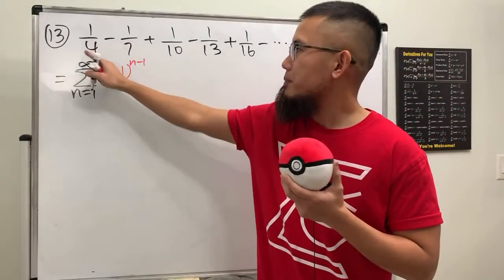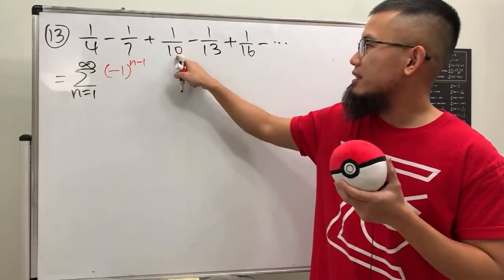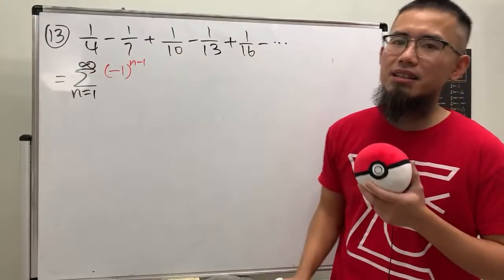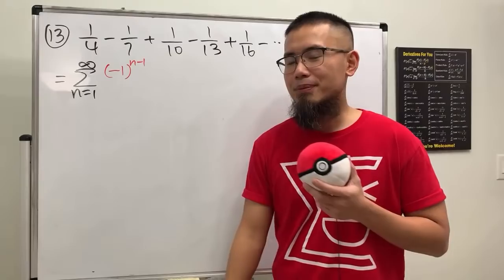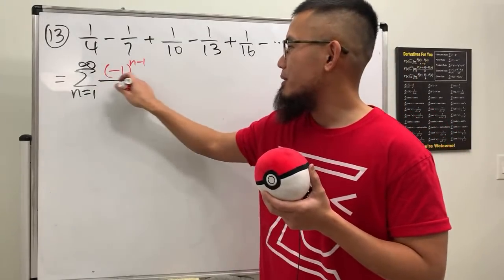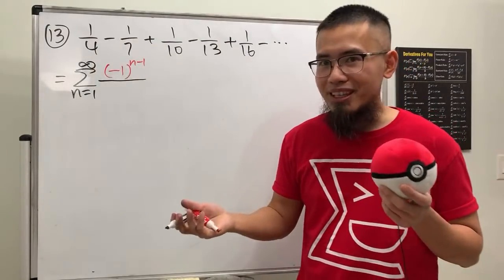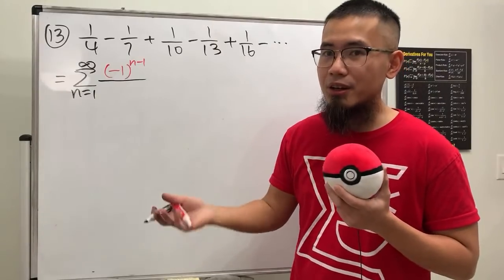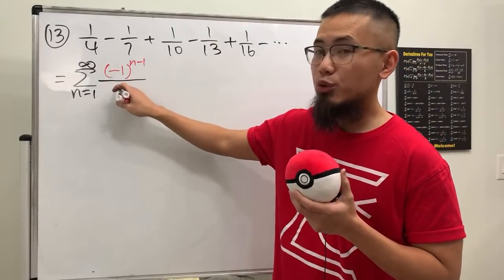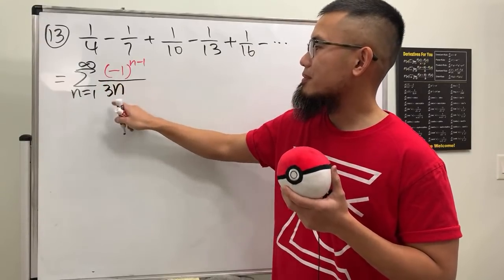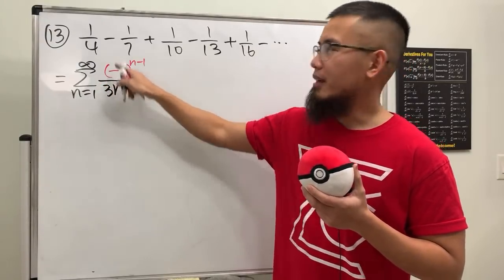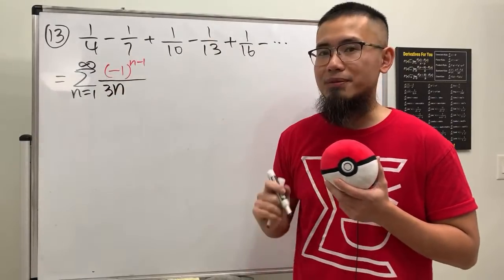Now, 4, 7, 10, 13, 16, every time we just add 3, right? So this is how you can do it. Because the bottom here is arithmetic, you know it's going to be linear, namely a number times n to the first power, and that number is precisely 3. 3n, right? The common difference is the coefficient of n.